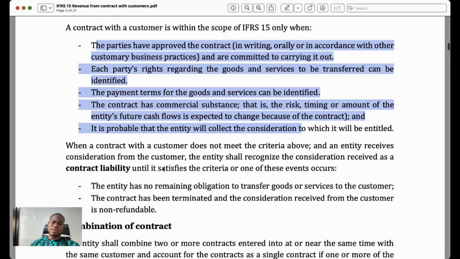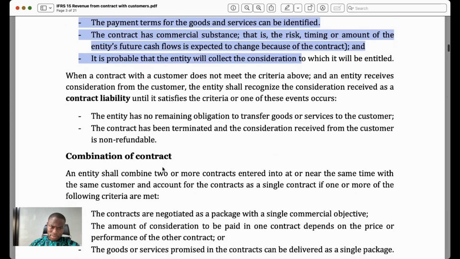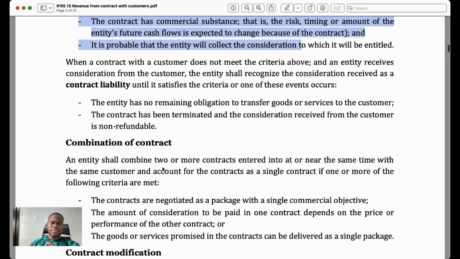Now, talking about contracts, when you have separate contracts, an entity might have to combine those separate contracts and see them as one.